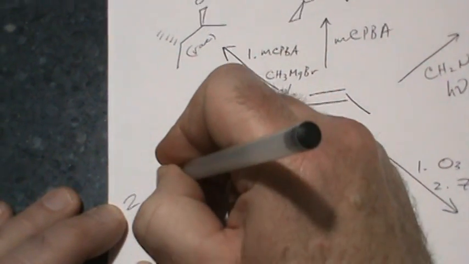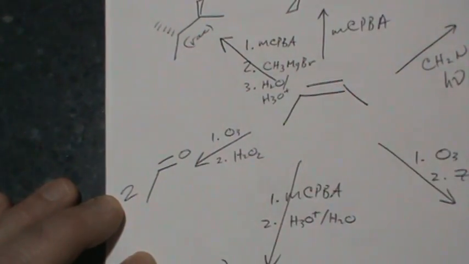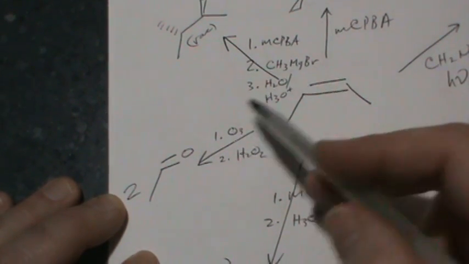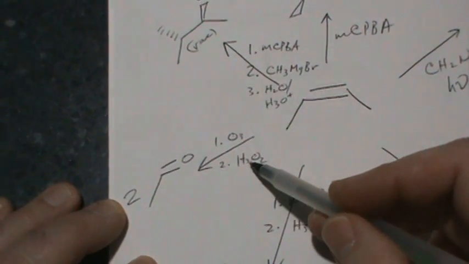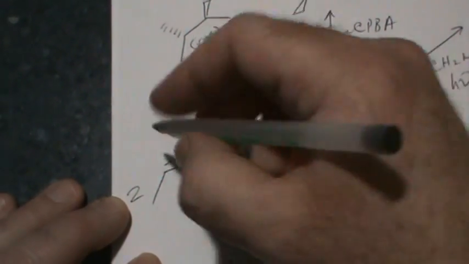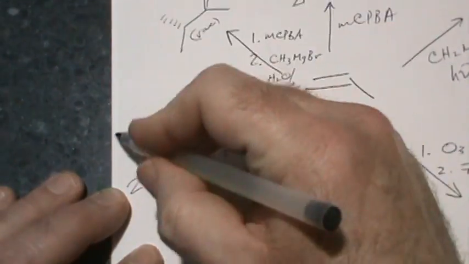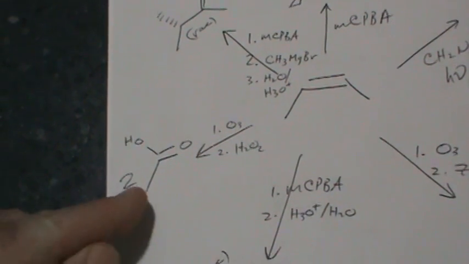So you're going to produce two species that look like this. See how I've just karate chopped that in half? And then the question is, what about this carbon-hydrogen bond, which would be right here? Is it going to remain? Well, not under these oxidative workup conditions. It will be oxidized to an OH group, leaving me with a carboxylic acid. So I'm going to create two equivalents of acetic acid.